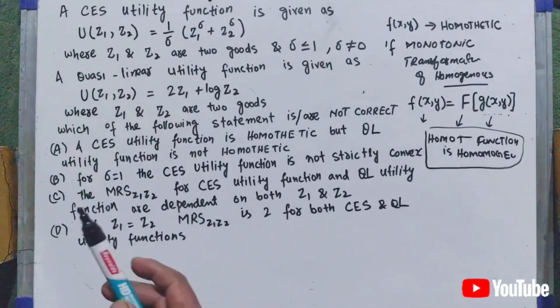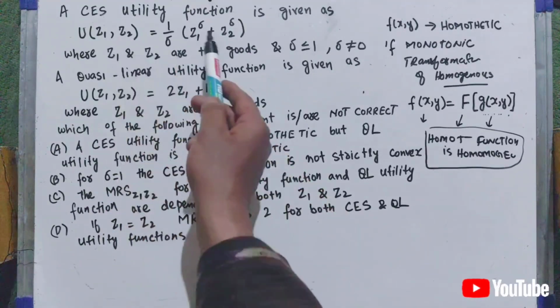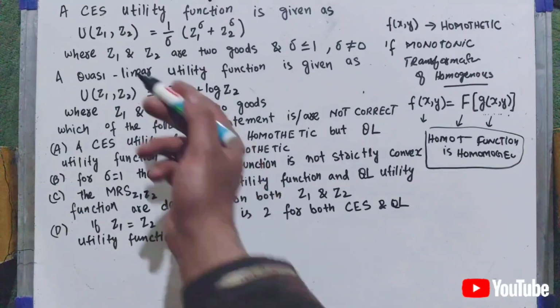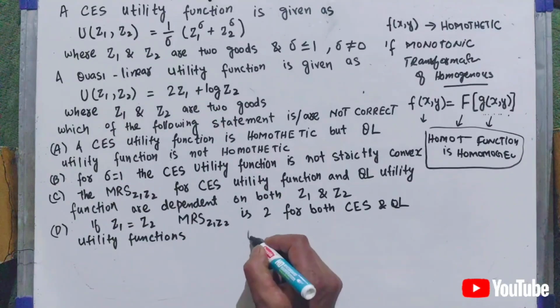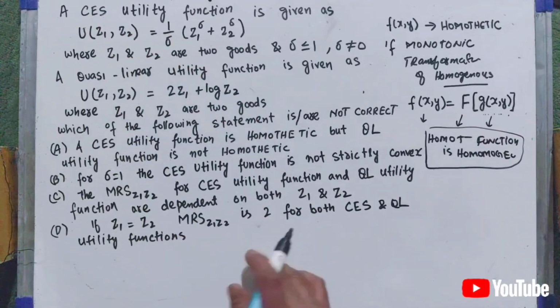So a CES utility function is homothetic if it is a homogeneous function. So how do we check the homogeneity? Let us take the utility function, which is the given function, and let us increase both the goods by a factor lambda.